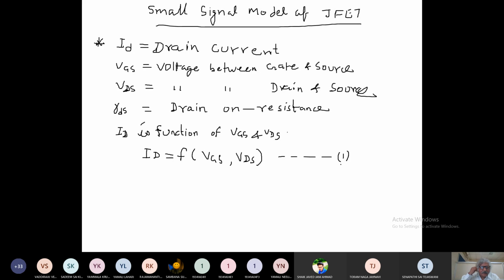So we can express this equation by using a partial differential equation.